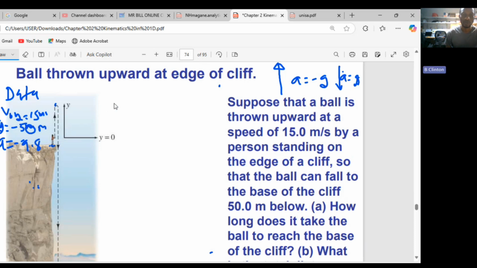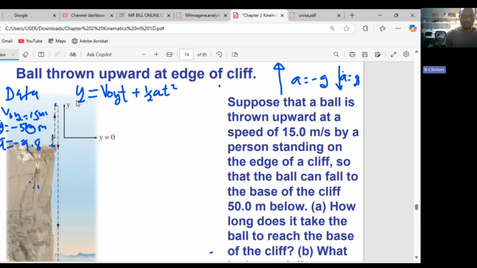All right. So we can then say that the kinematic equation that you can use is the equation of displacement, distance, or height, which says height, y, is equal to initial velocity times time, plus half acceleration times time squared.